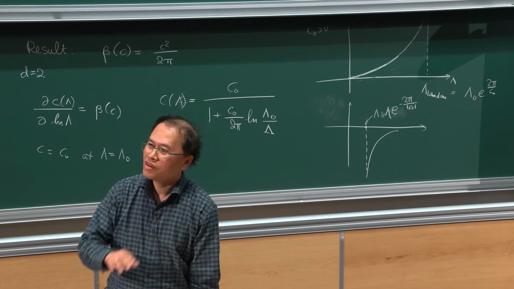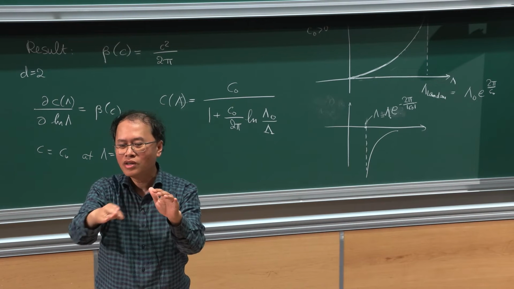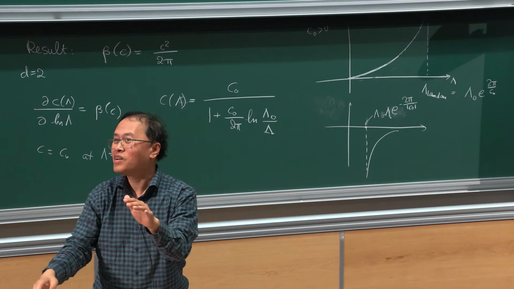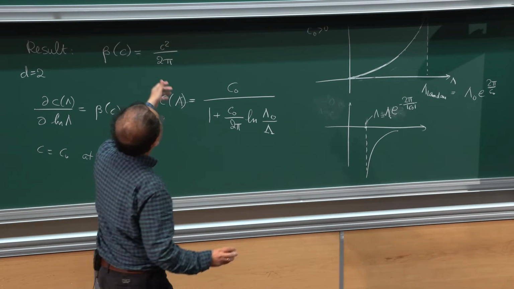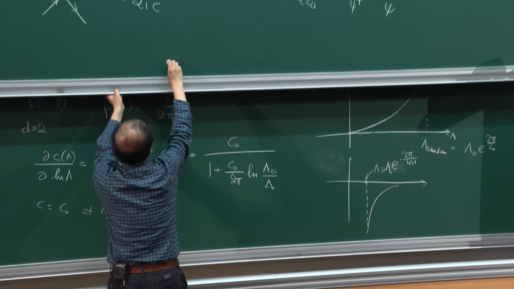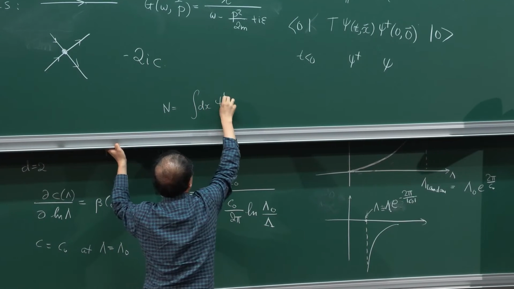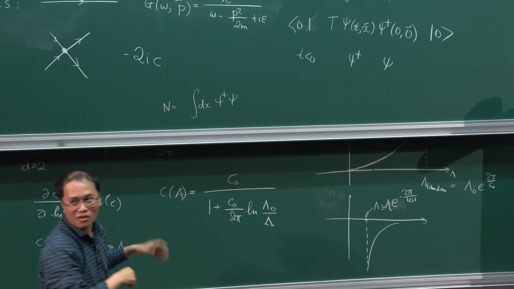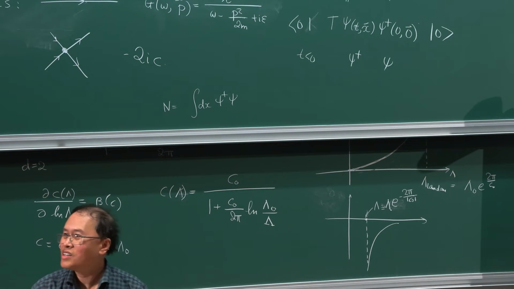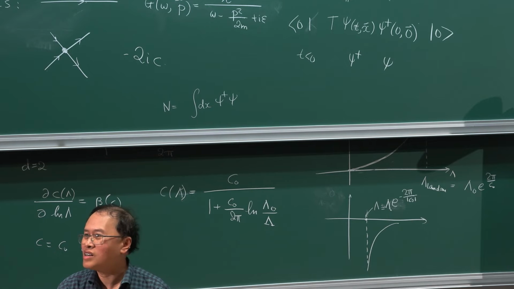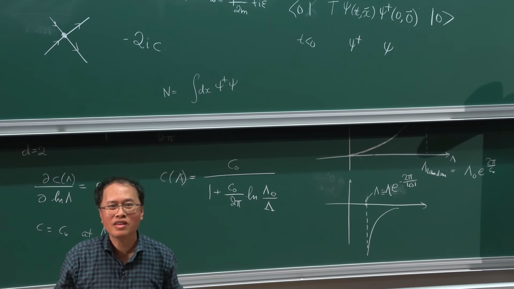We cannot go from the vacuum with psi equal to 0 to another state with non-zero value of psi. Since the number of particles, N, which is the integral dx psi dagger psi, is conserved, there is no way one can go from one vacuum to another. And since the theory doesn't have antiparticles, nothing can happen. Vacuum is a vacuum.